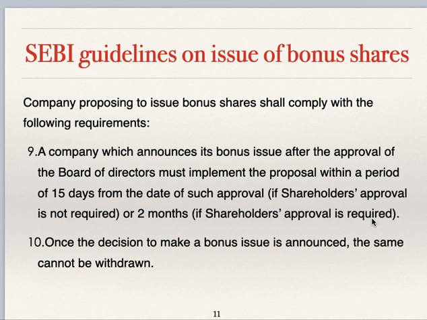So that means once the company announces a bonus issue after getting approval from the board of directors, it must implement that within 15 days of approval if shareholders' approval is not required, and within 2 months from the date of approval if shareholders' approval is required.